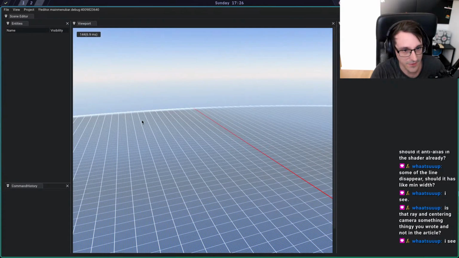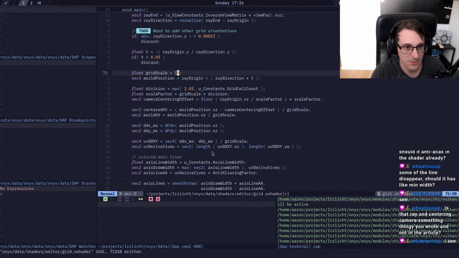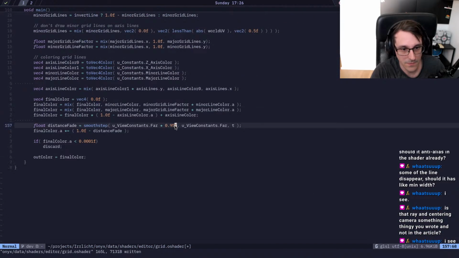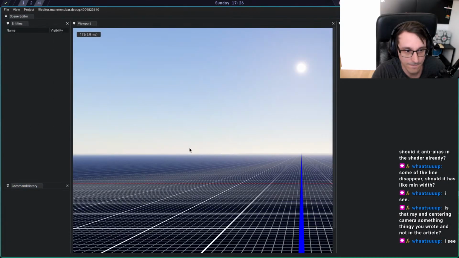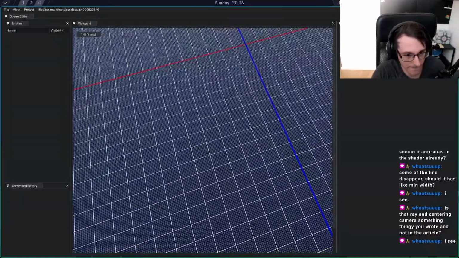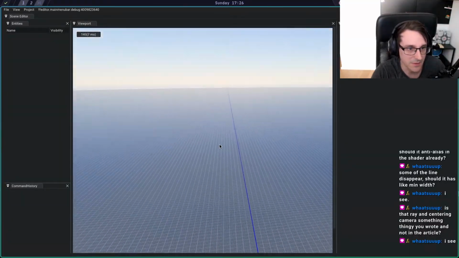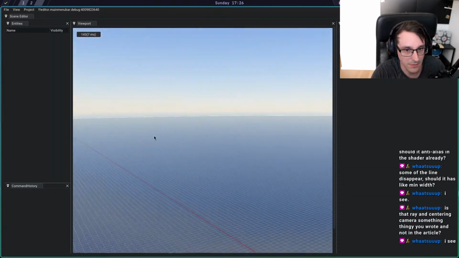And that's like the distance fade here, right? I'm wondering if 95 is too much. Maybe we do 98%. Although it's barely, yeah, I mean it does make a little bit of a difference, right? It does look maybe a little bit better.